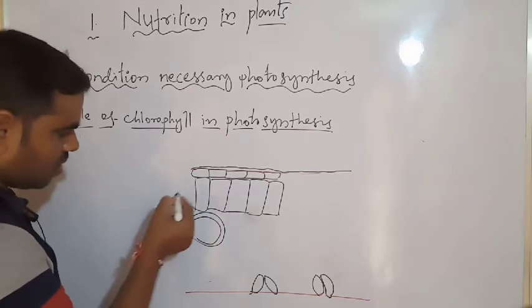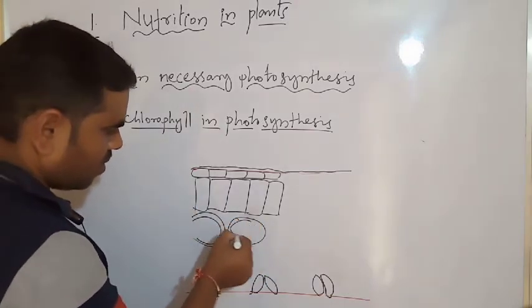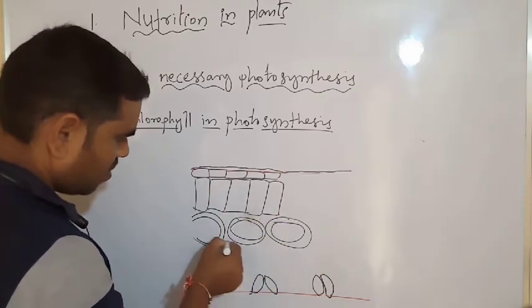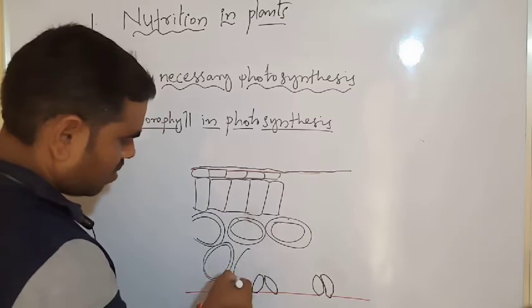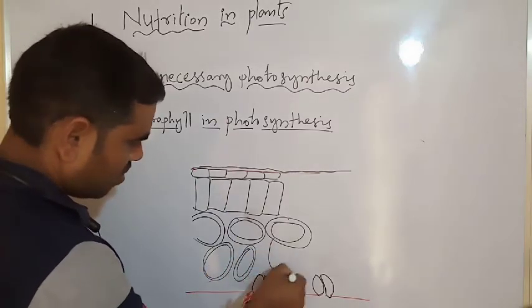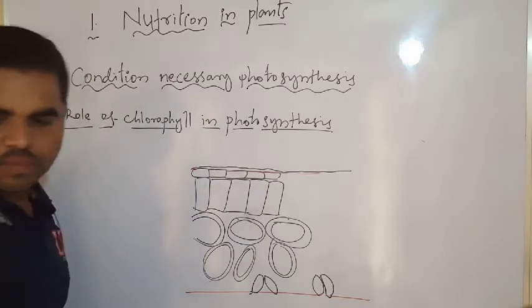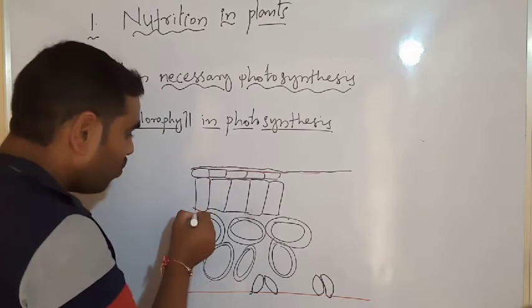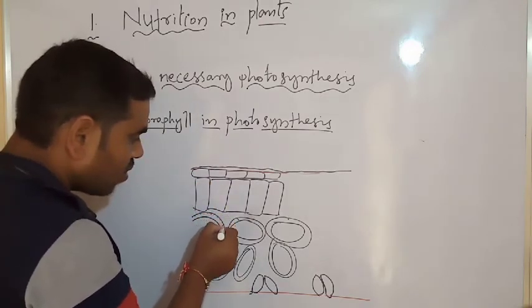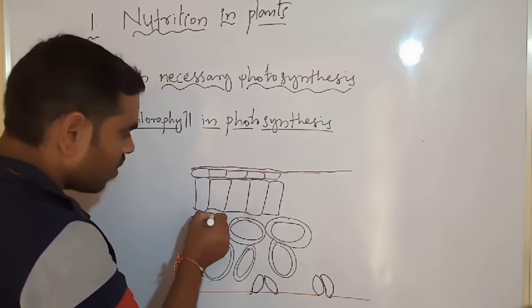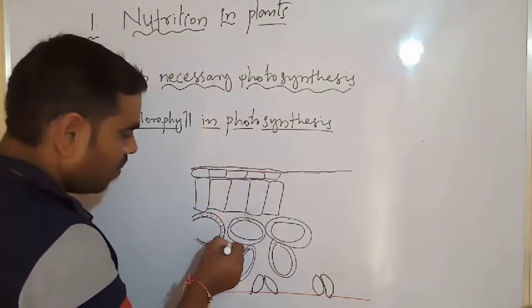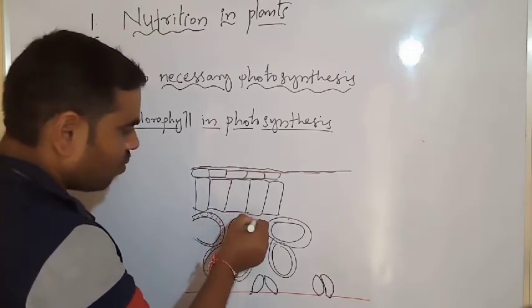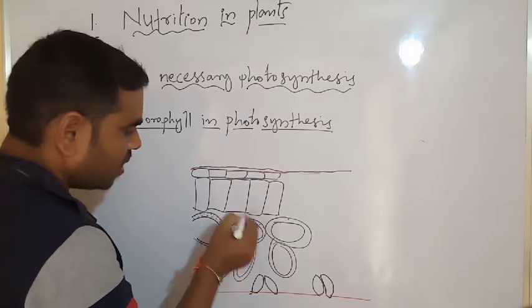Okay, in these cells chlorophyll is there. The main function of the chlorophyll cells is preparing food using carbon dioxide and sunlight.